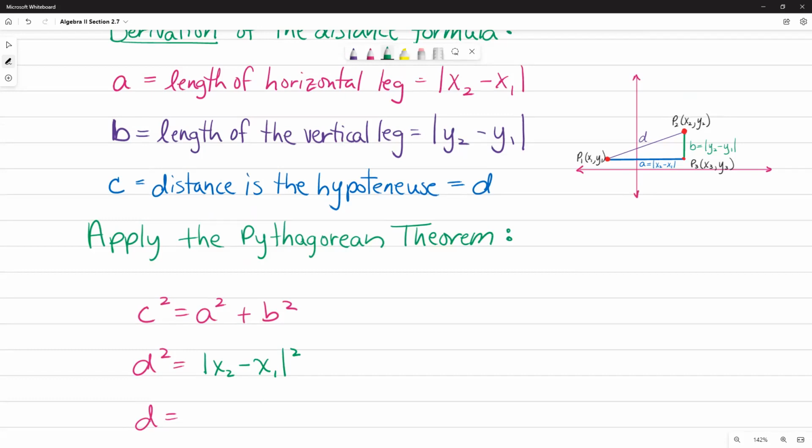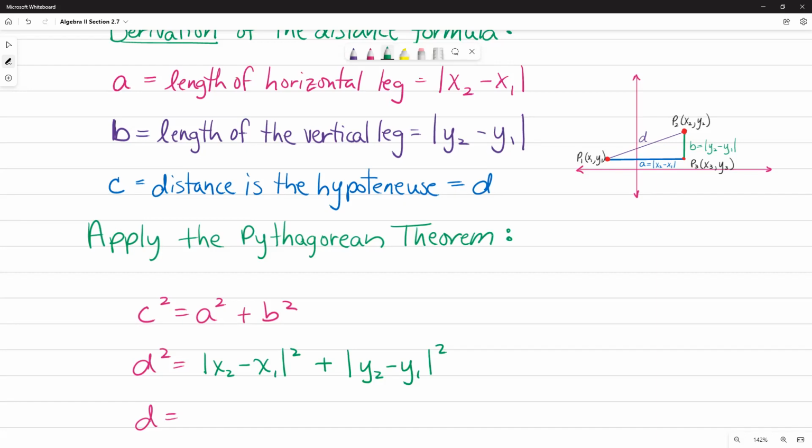That's A, plus the difference in Y, which is the absolute value of Y2 minus Y1, squared. Now, we don't need the parentheses because absolute value is a grouping symbol if you've got an operation going on inside it. Also, anytime you square a negative number, your answer is always going to be what? What's a negative times a negative? Always positive, right? So you don't even need the absolute value. You just keep it in parentheses.